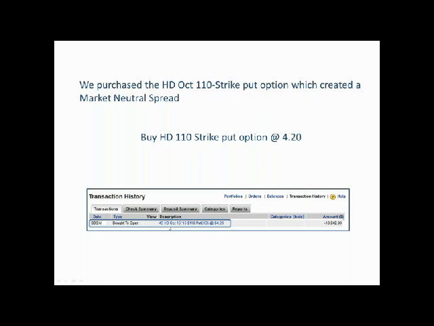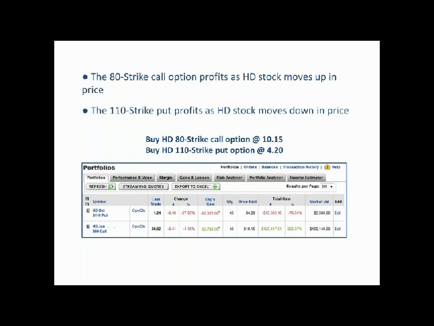So this shows that we bought 45 October 110 strike puts at 4.20. And here's a snapshot of open trades at the time. We bought 45 80 strike calls at 10.15. We bought 45 110 strike puts at 4.20.